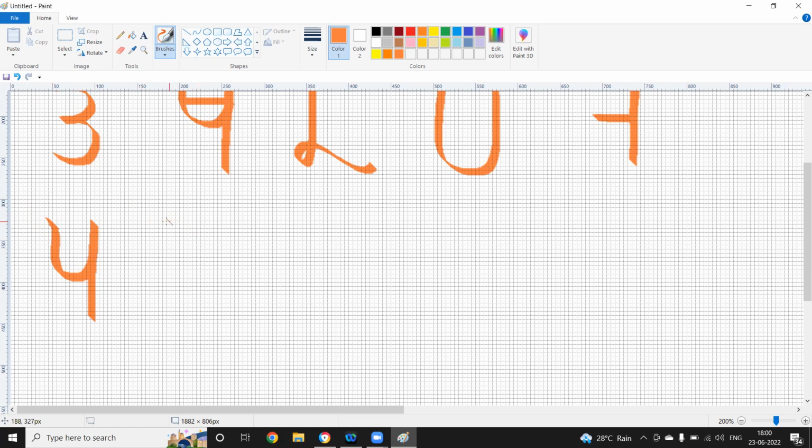Then the next one is pha. So pha has a small curve here. If we begin like this, both this loop and this shape should be ending at the same line, and this is within the shirorekha.